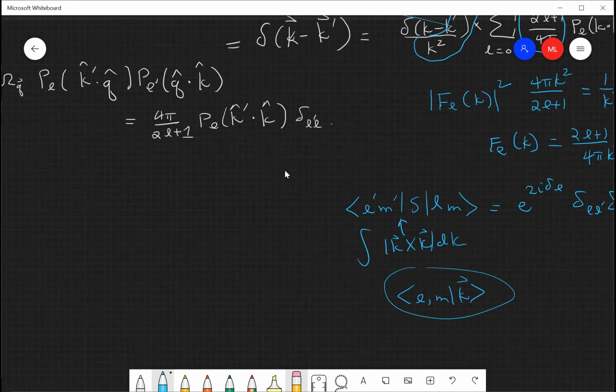Can't we use the same way, like completeness? Sure, you can use completeness, but for which version of completeness? Well, yeah, that's right. You would use the position space one, right?